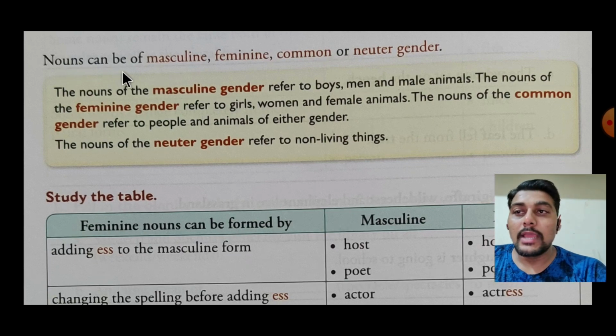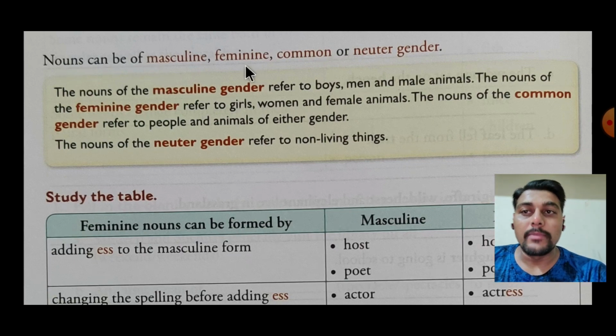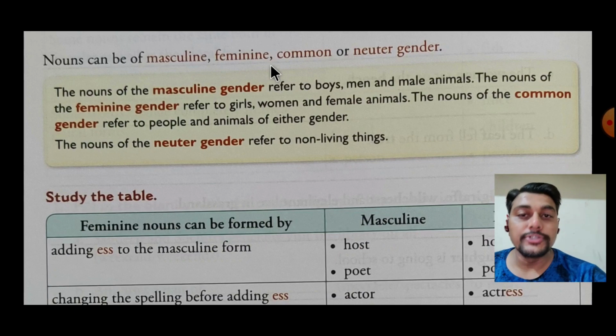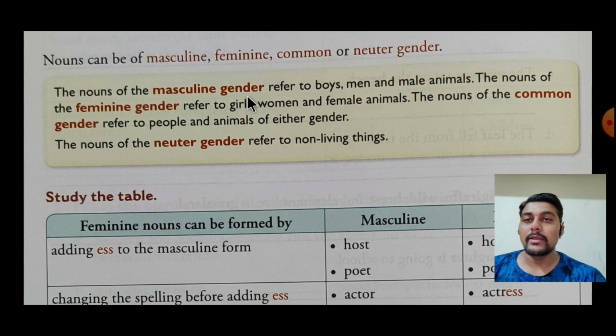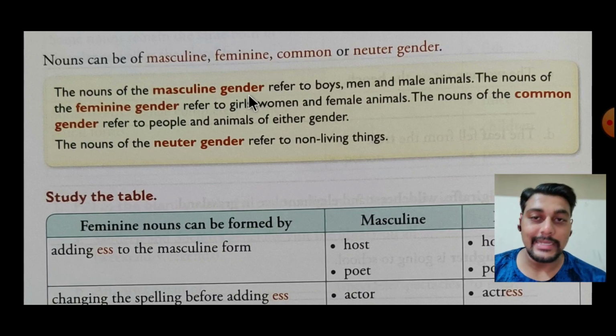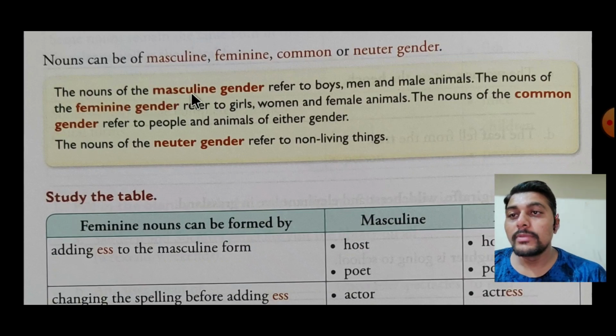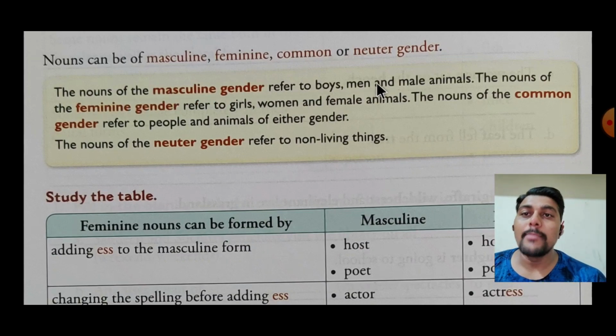So nouns can be of masculine, feminine, common or neuter gender. Okay, they can be categorized in 4 different genders. The nouns of the masculine gender refer to boys, men and male animals. Understood?